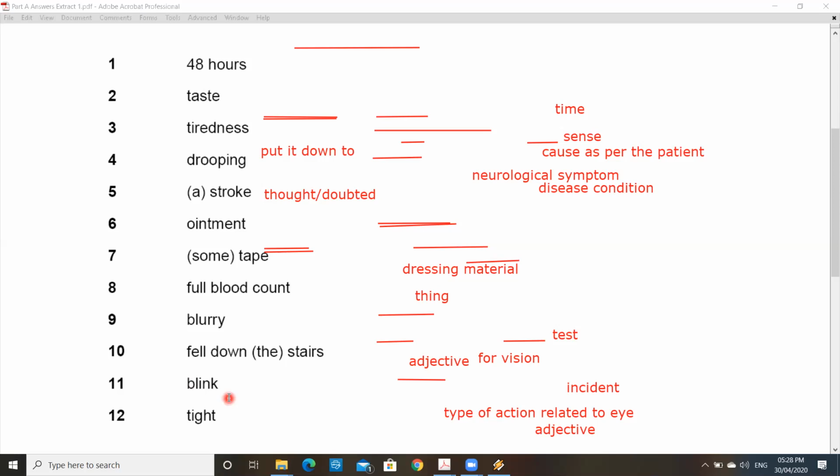Maybe you might have written something different, and if you wanted to check if your answer is correct or not. Some might write down tired rather than tiredness. That's wrong, because we were looking for a reason. So tiredness. We were not looking for an adjective.